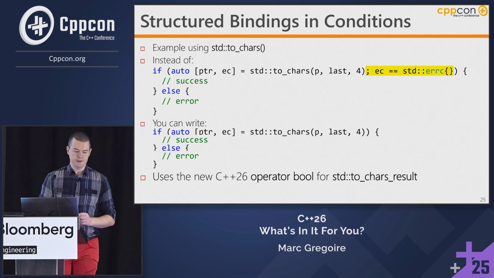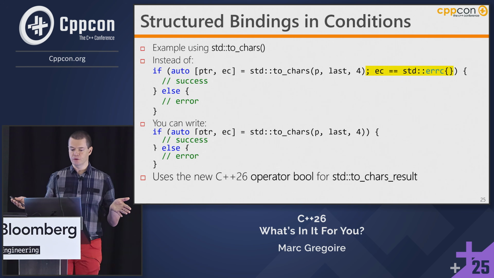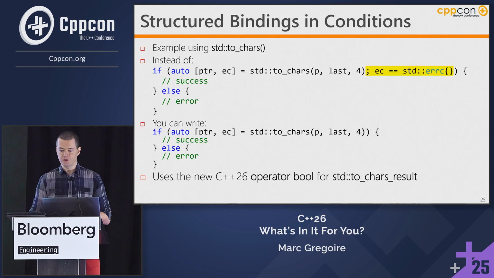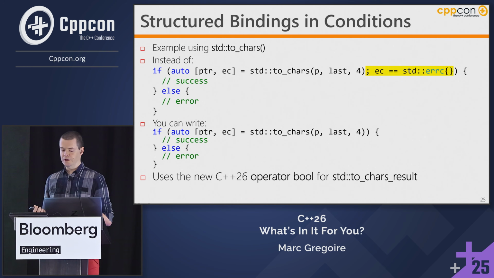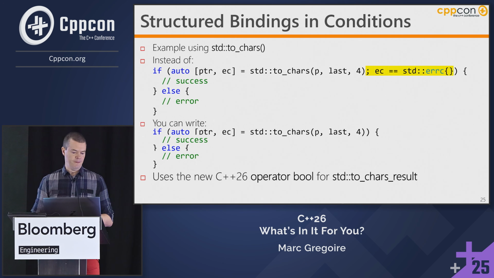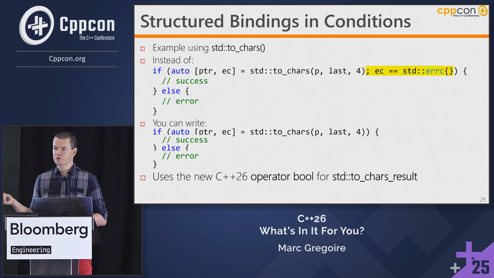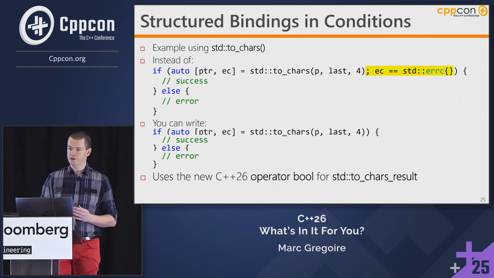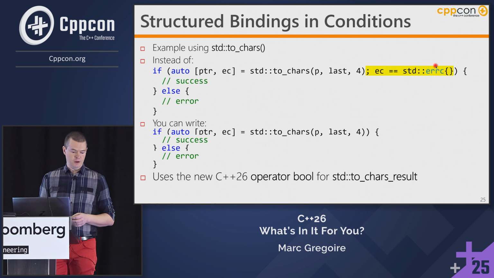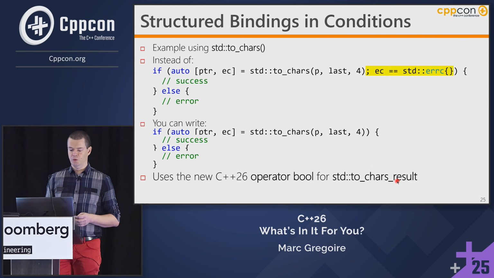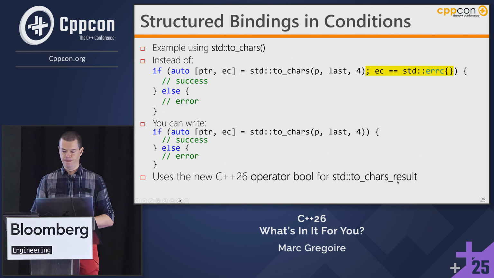With C++26, you can now just do that inside the condition. You can decompose the result of to_chars into a pointer and the error condition and do the condition at the same time. This only works because C++26 also introduces an operator bool for the result type of to_chars, which is to_chars_result.